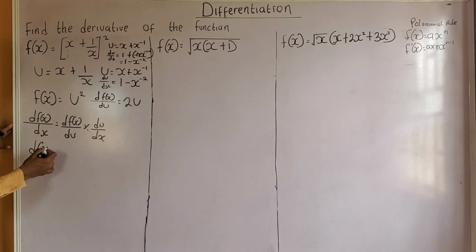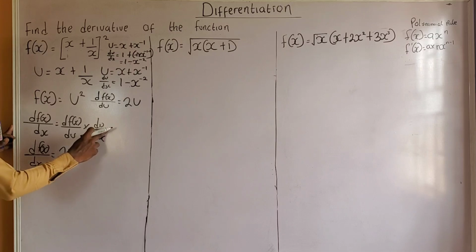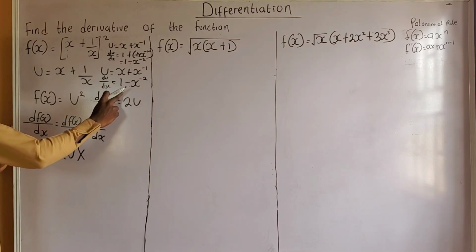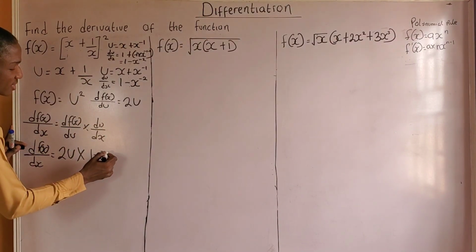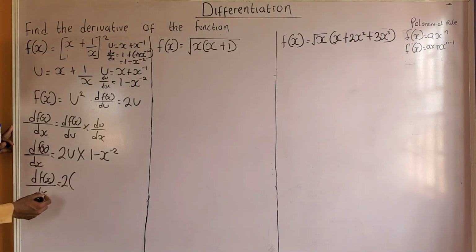Derivative of f of x with respect to x will be equal to the derivative of f of x with respect to u. That is what? 2u. So I'm going to have 2u multiplied by the derivative of u with respect to x. That is what? 1 minus x raised to the power of -2. Now, the derivative of f of x with respect to x will be equal to 2 multiplied by, what is u?